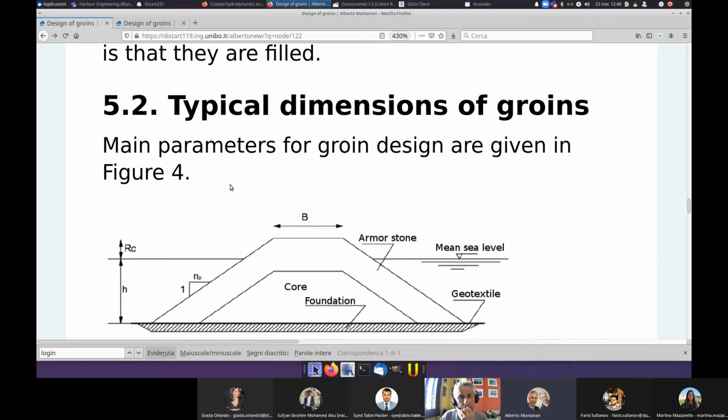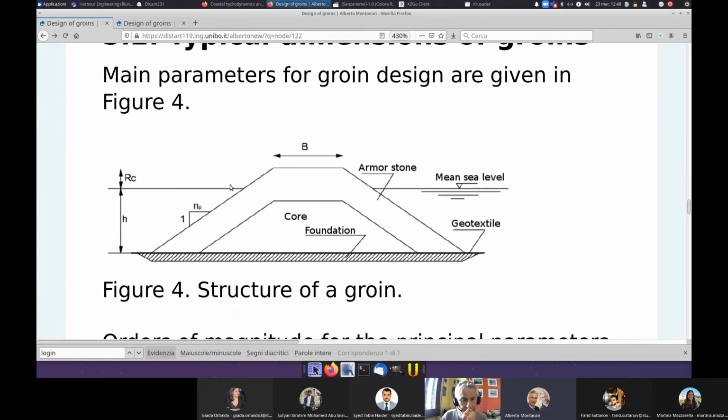Typical dimensions of groins. Now, first, let's look at this cross-sectional view of a groin. What you see is the presence of a foundation.